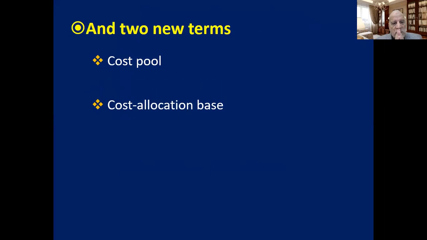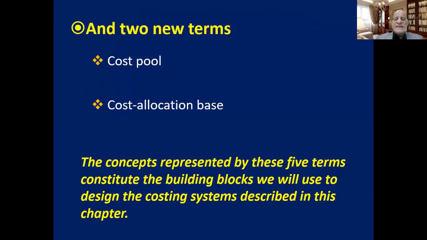What do we mean by cost allocation base? A cost allocation base is a systematic way to link an indirect cost or group of indirect costs to cost objects. The concepts represented by these five terms constitute the building blocks which we will use to design the costing systems described in this chapter.